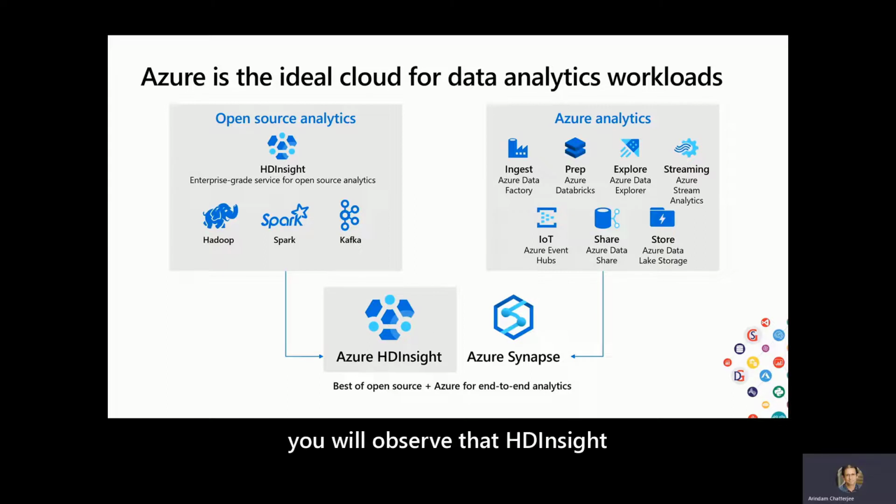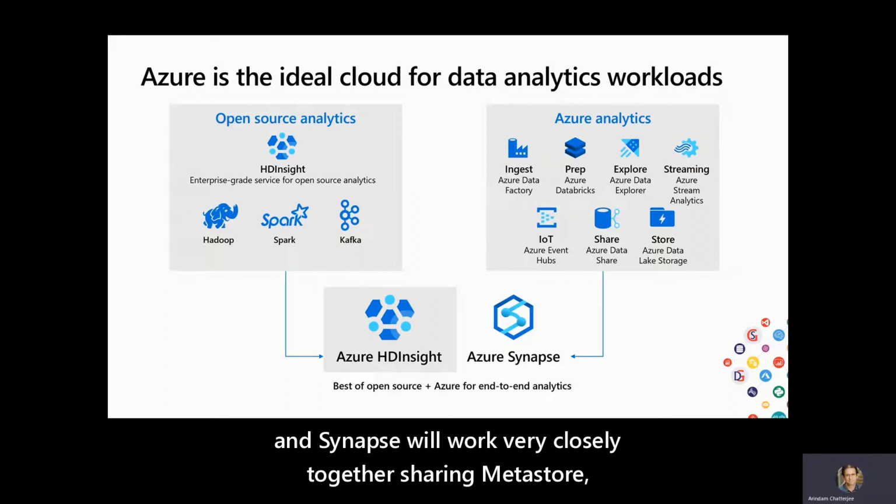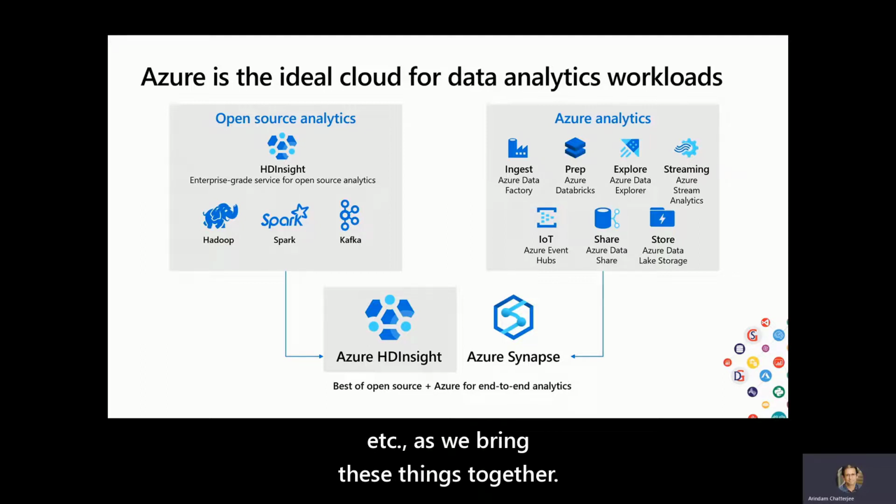And over time, you will observe that HDInsight and Synapse will work very closely together, sharing Metastore, etc., as we bring these things together. So the best of both worlds, both the open source world as well as deeply integrated analytics on Azure world through Synapse.